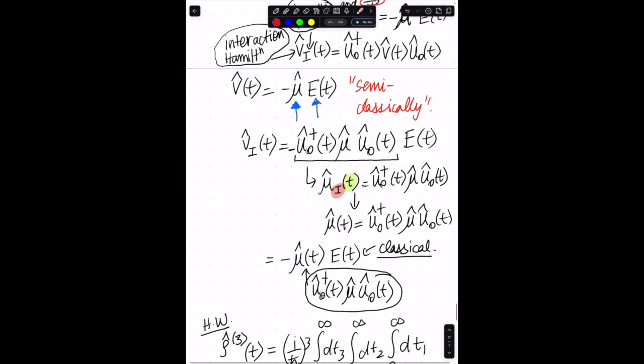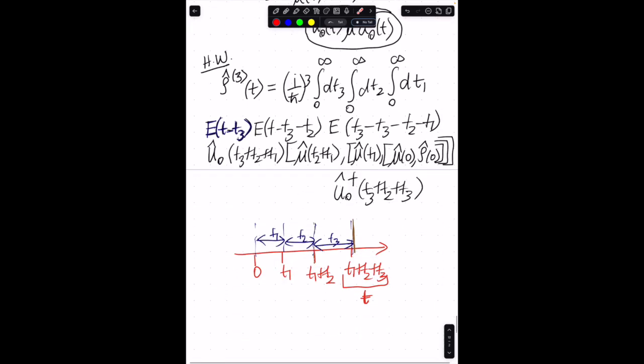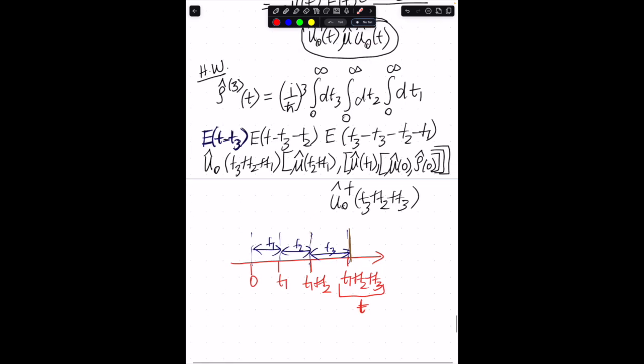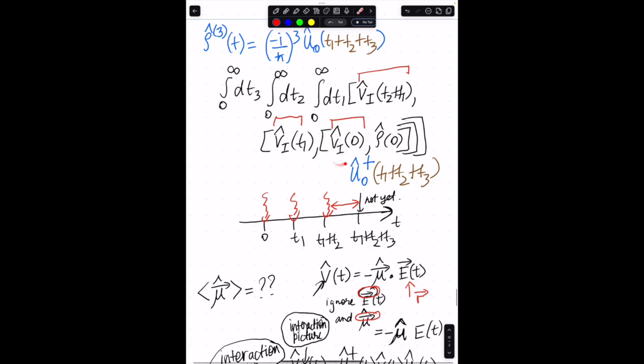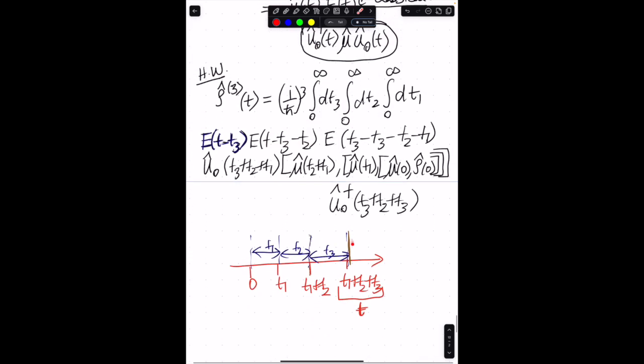And then the next term which should be considered is E of t1. And E of t1 is the same as E of t minus t3 minus t2. And then the last one would be E at time 0, which will just be E of t minus t3 minus t2 minus t1. So this is a nice way in which we can write it.